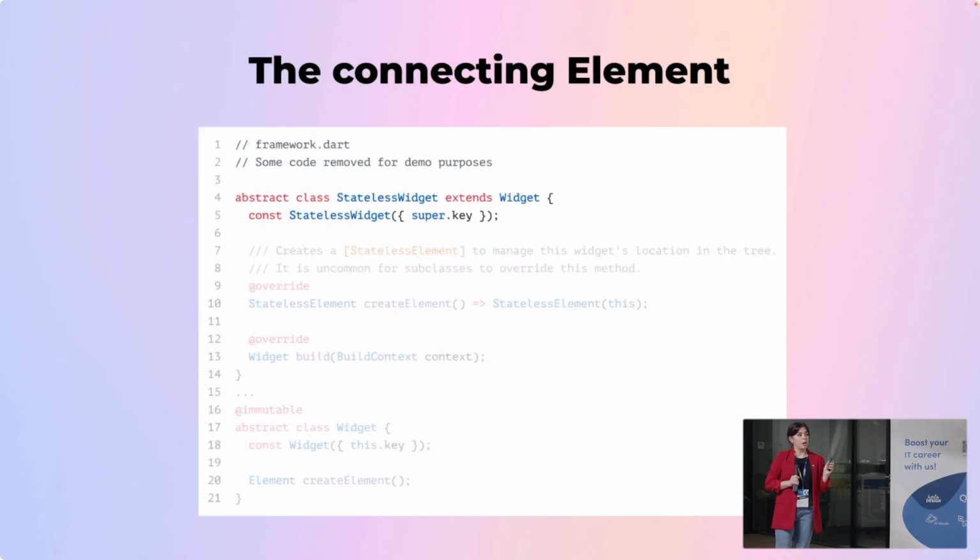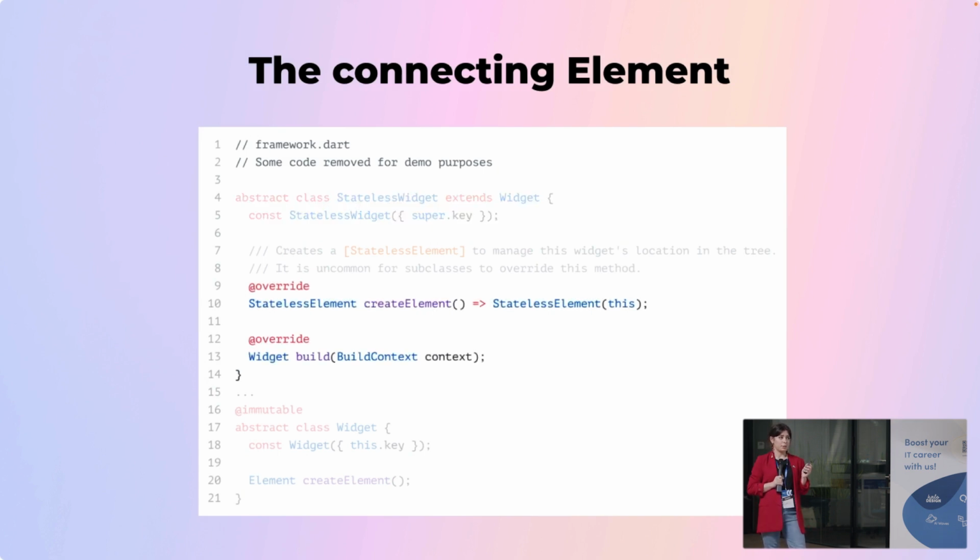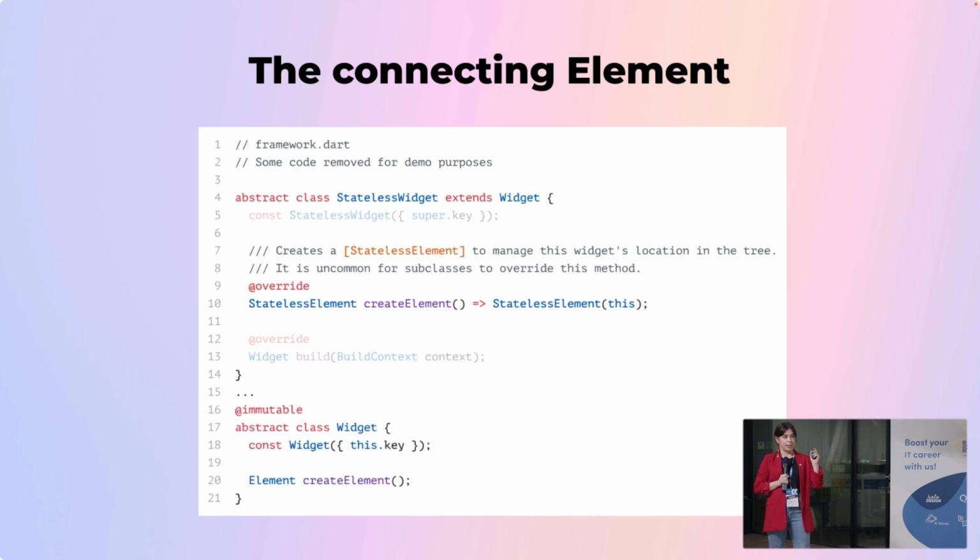So let's take a look again at the StatelessWidget class. And we see that it has two methods: the build method that we have already seen, nothing new for us, and another method called createElement, which returns a StatelessElement. And if we take a look at the base Widget class, we also see that it has a createElement method. So it probably is something fundamental.